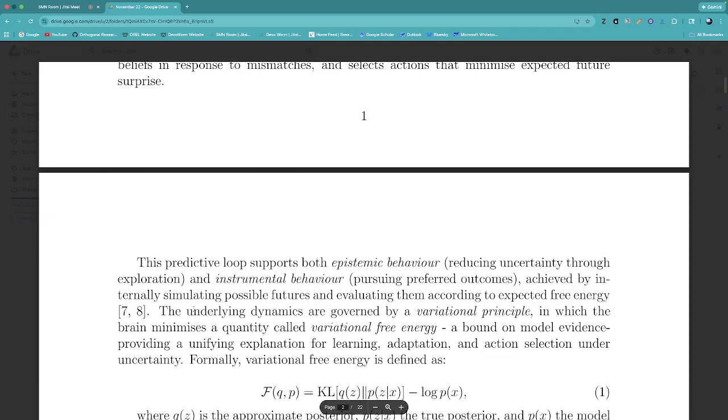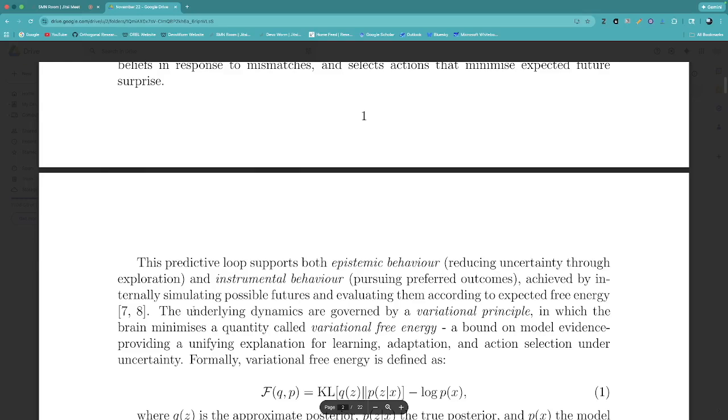And so this forms a predictive loop. So this is a feedback loop that supports both epistemic behavior, reducing uncertainty through exploration, and instrumental behavior, pursuing preferred outcomes, achieved by internally simulating possible futures and evaluating them according to expected free energy.